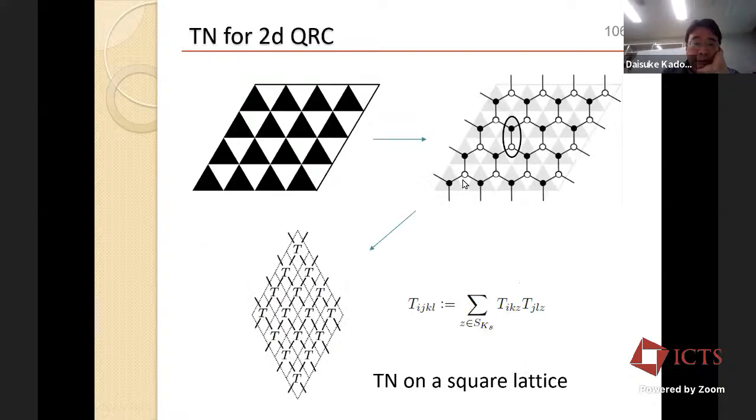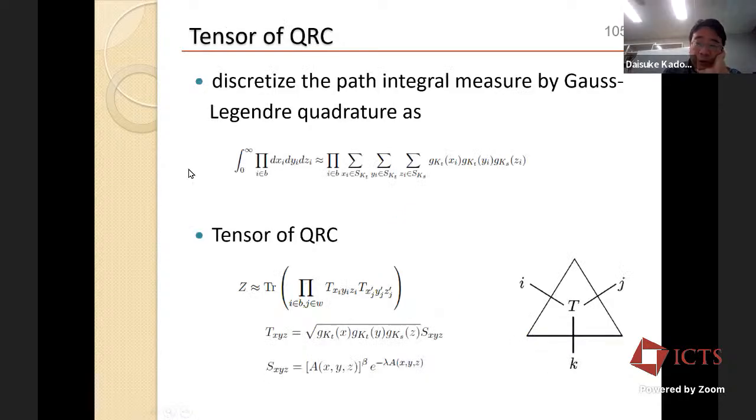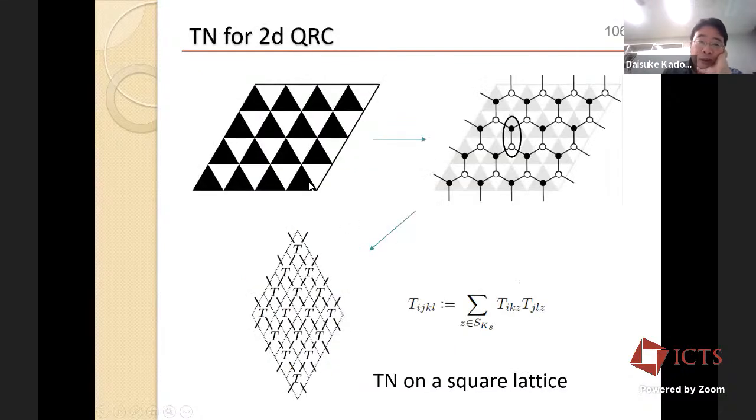So starting from the triangulation, and by using this discretization of edge length and regarding the area function as a tensor, the partition function of quantum Regge calculus can be expressed as a tensor network of rank 6 tensors on the honeycomb lattice. The honeycomb lattice is the dual of this triangulation.